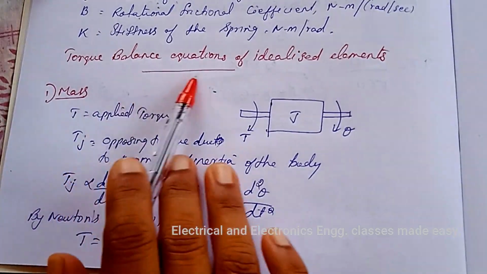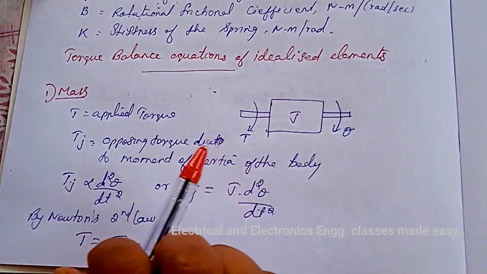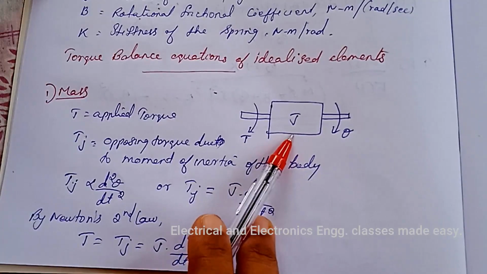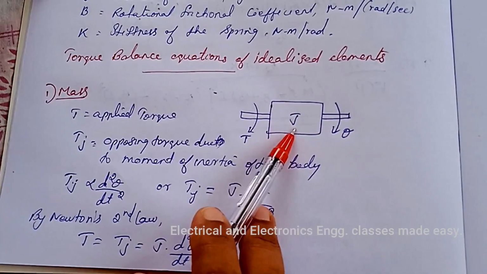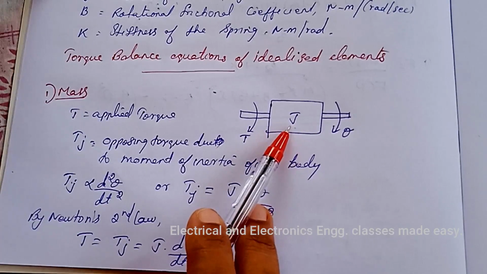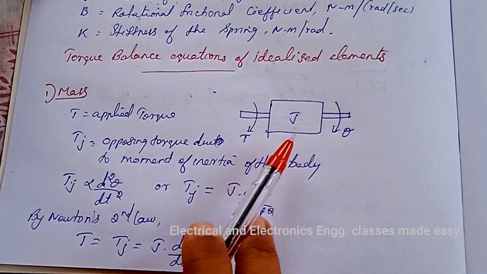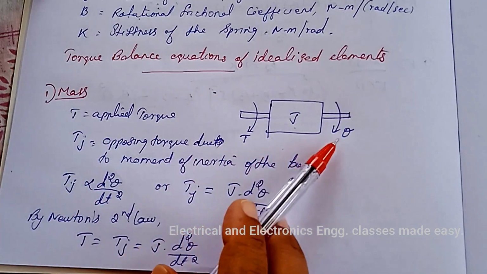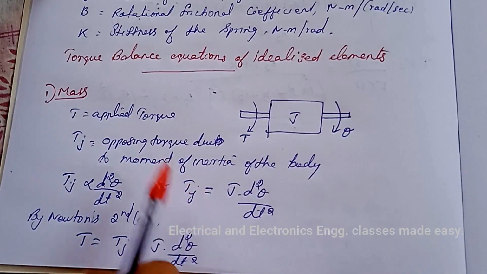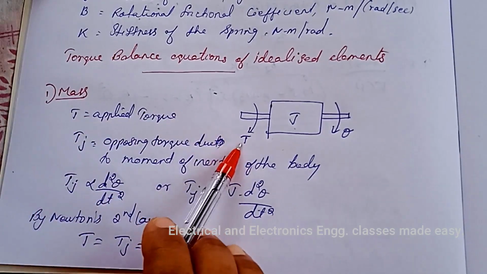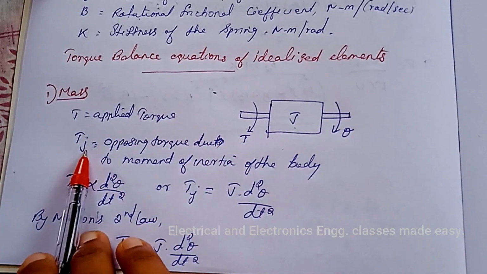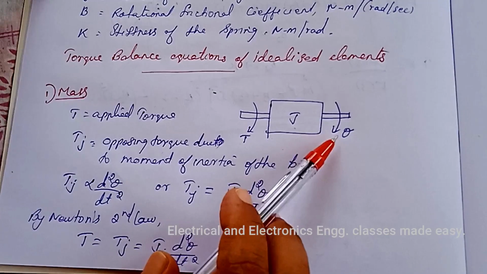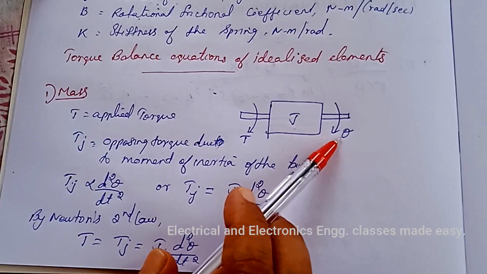Next is torque balance equations of idealized elements. So consider an ideal mass element like this. The opposing torque due to moment of inertia is proportional to the angular acceleration. Let T be the applied torque and Tj be the opposing torque due to moment of inertia of the body. Theta is the angular displacement.